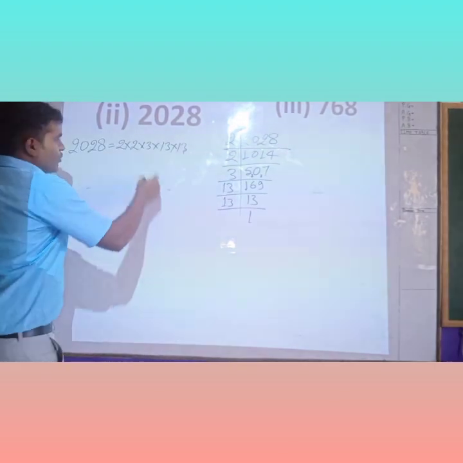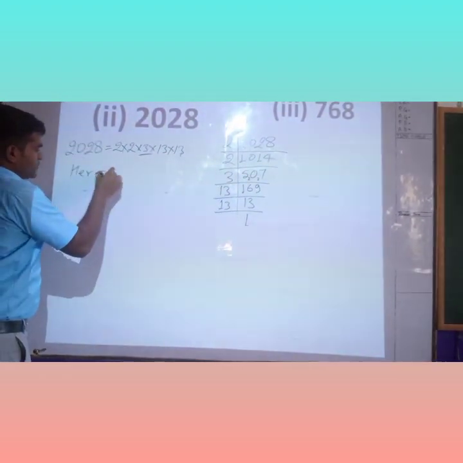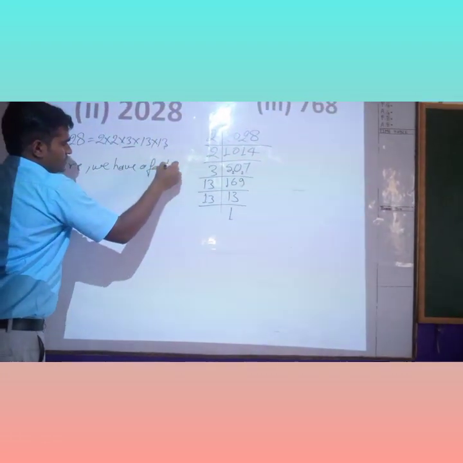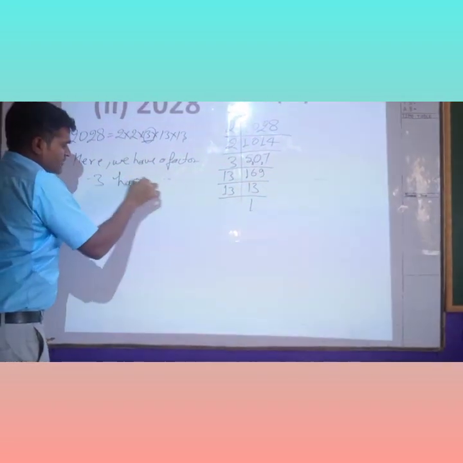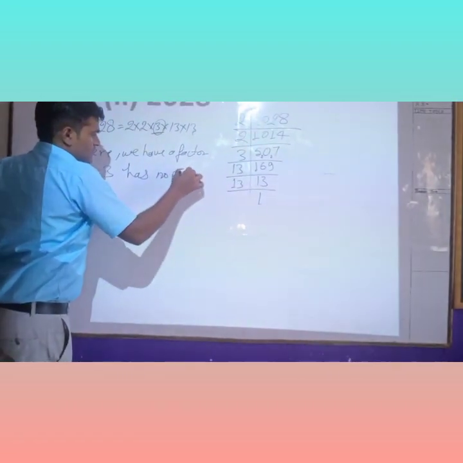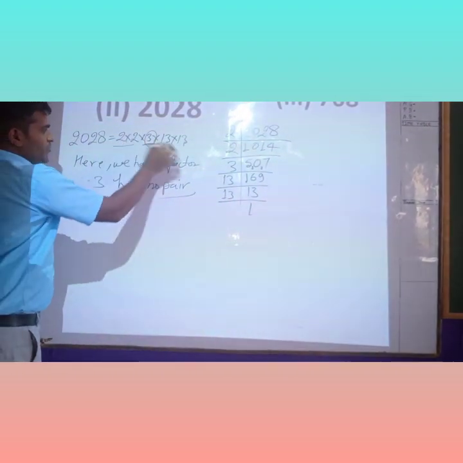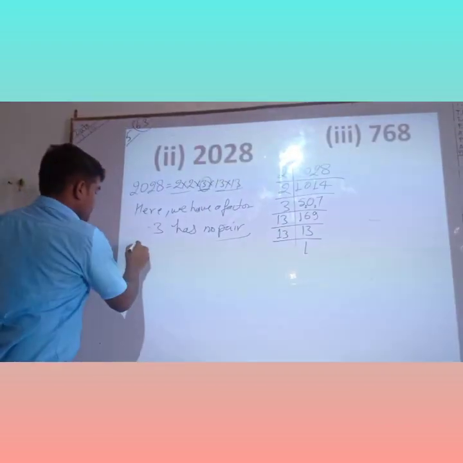Here factor 3 has no pair. Factor 2 has a pair, factor 13 has a pair, but factor 3 has no pair.